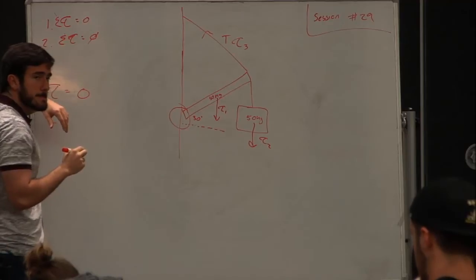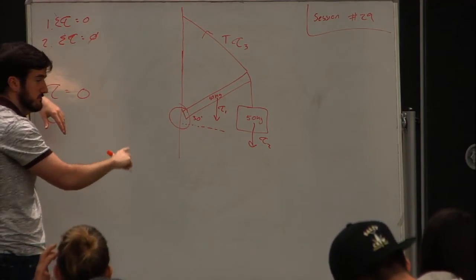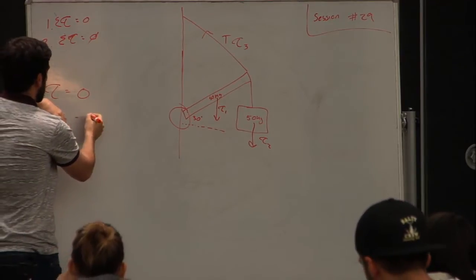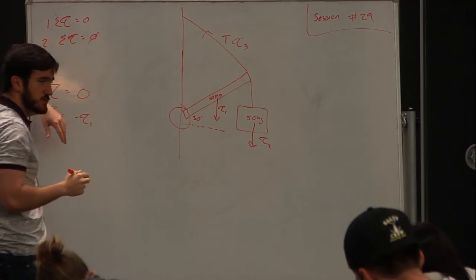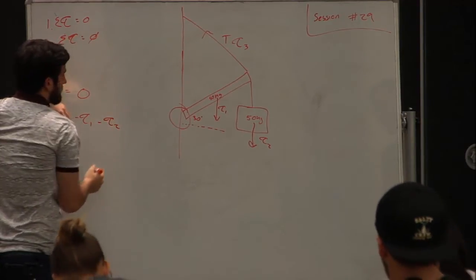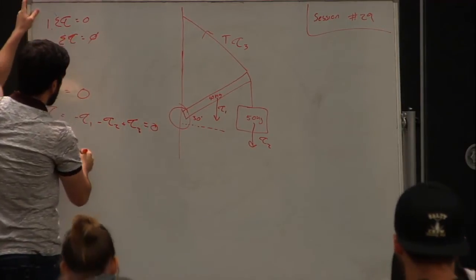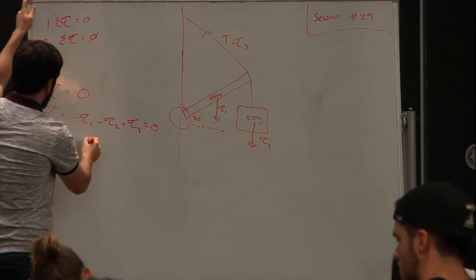Negative? Clockwise, right, so it's going to be negative. So torque 1 will be negative. What about torque 2? Negative? And then torque 3? Good. And that's all equal to 0. So if we rearrange this, we get torque 1 plus torque 2 is equal to torque 3. And we know the equation for torque is what?